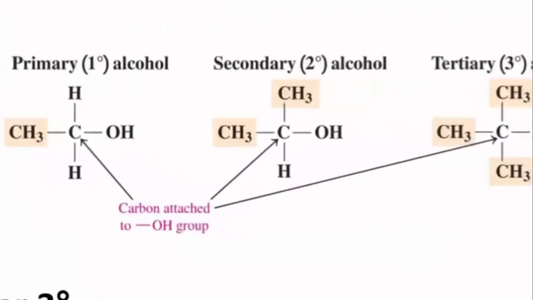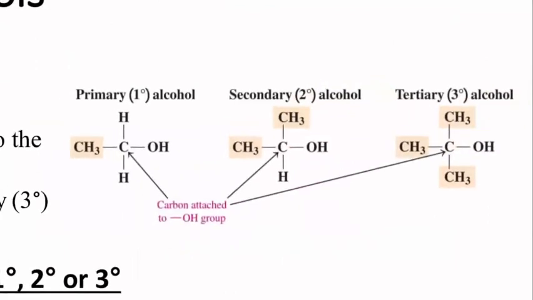So as we can see here, if the carbon that is holding the OH has one carbon chain, it doesn't need to be a CH3, one carbon chain, that is known as primary. And the symbol for primary is like that degree sign, but we just call it primary.